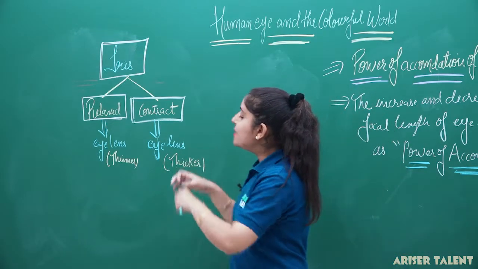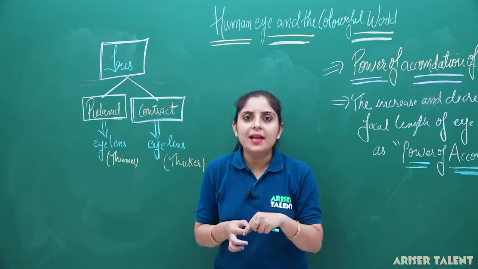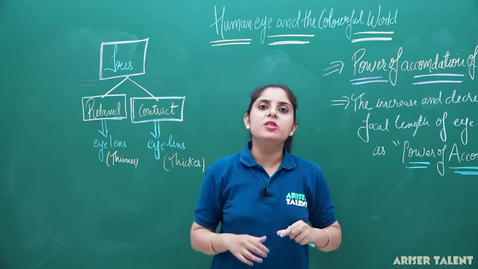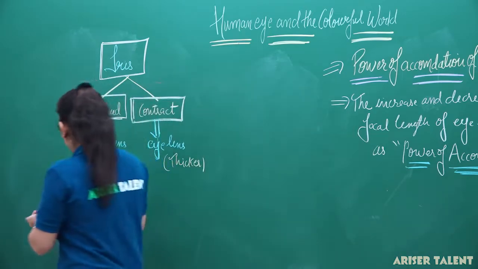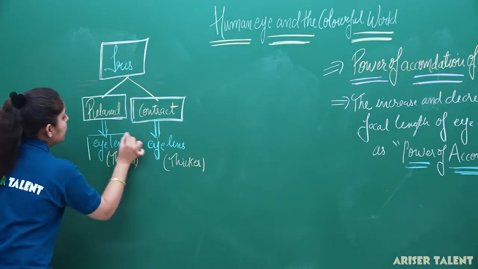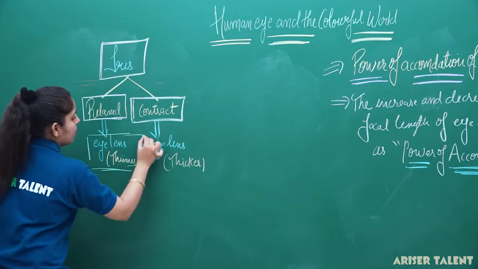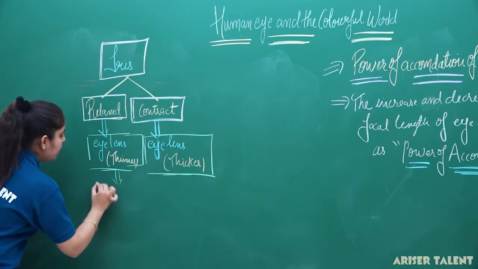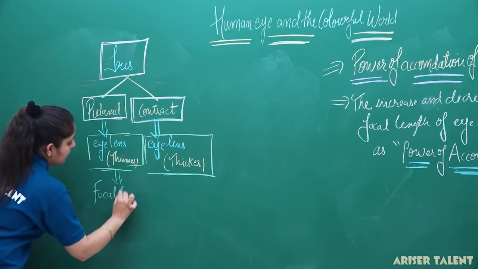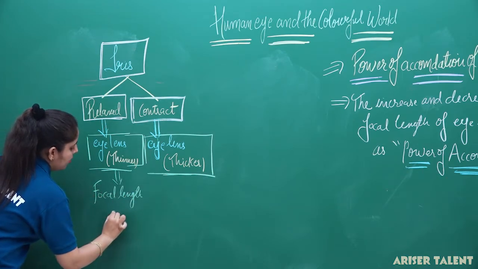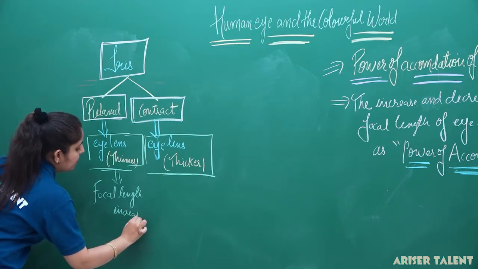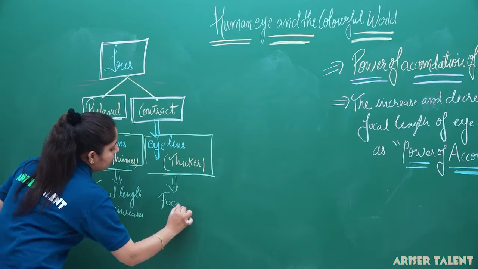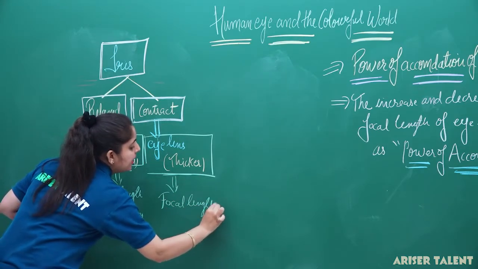When the eye lens becomes thinner, the focal length is going to increase, and if the focal length is increasing, you can see the distant objects very clearly. When the lens becomes thin, the focal length increases. But when the lens becomes thick, the focal length decreases.